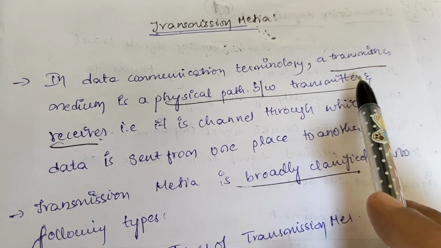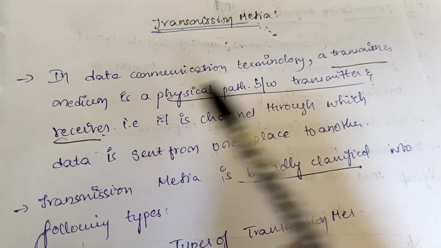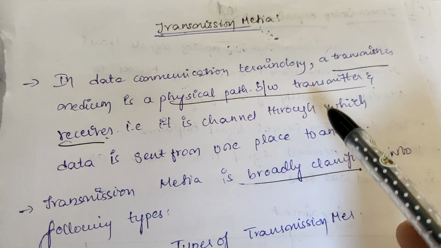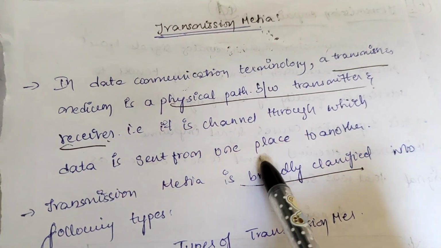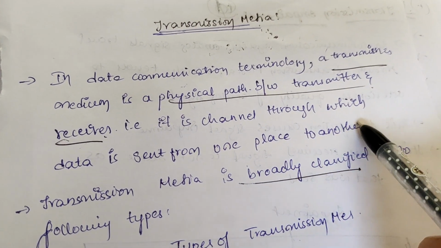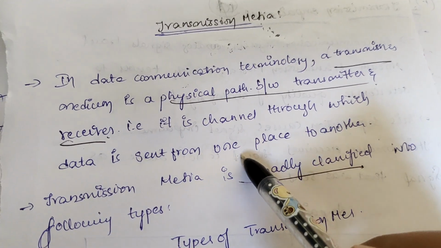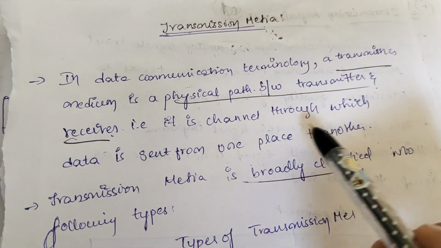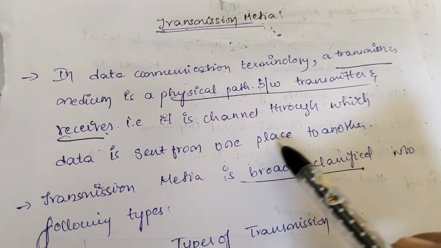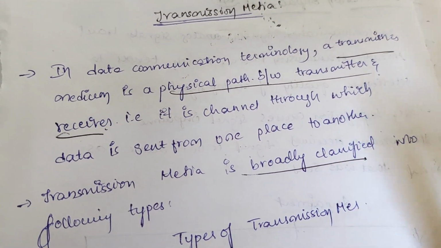So a transmission medium is a physical path between the transmitter and receiver. It is a channel through which data is sent from one place to another. Like how we people speak by phone from one place to another, for that some medium is needed, some signal medium is needed.